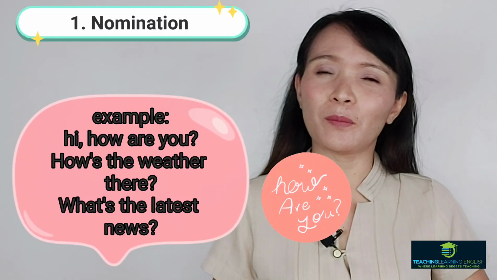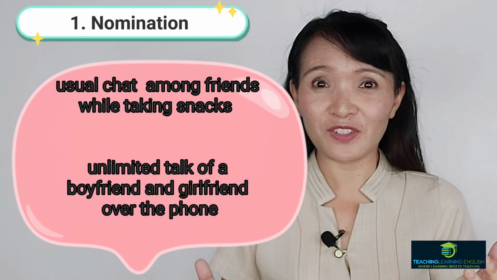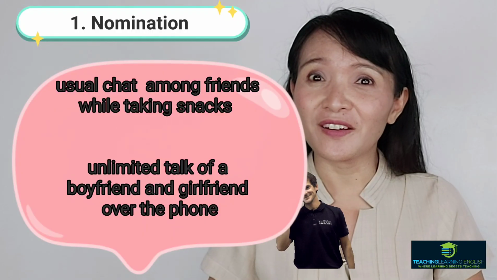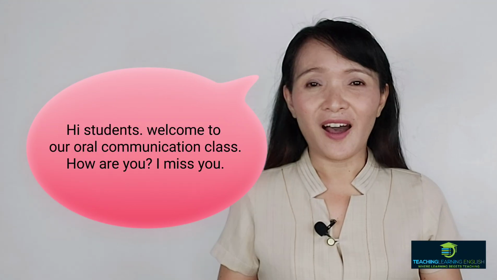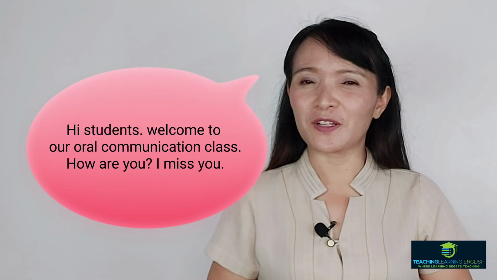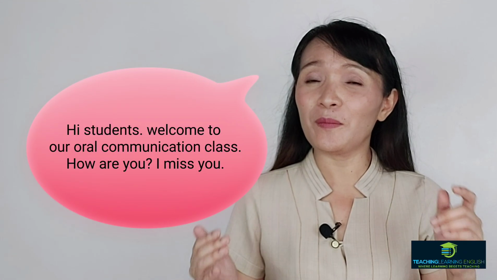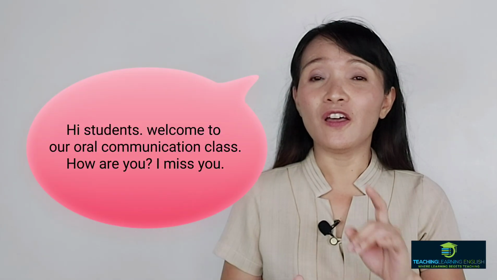The usual chat among friends while taking snacks, or unlimited talk of boyfriend and girlfriend over the phone. In the example of conversation, which is nomination, it is obvious that I started with the greetings. "Hi students, welcome to our oral communication class. How are you? I miss you." That is a nomination.